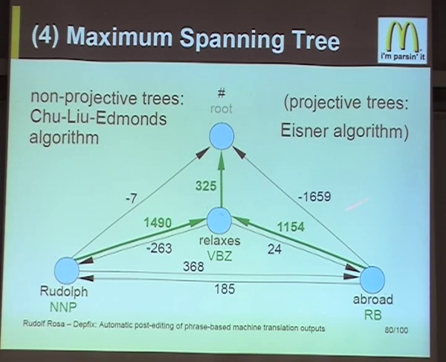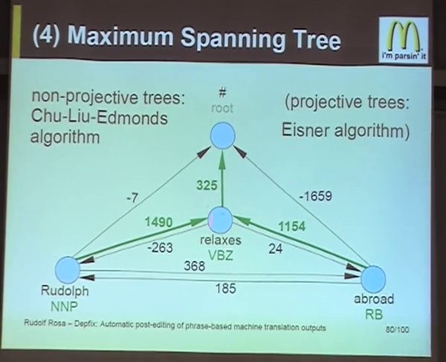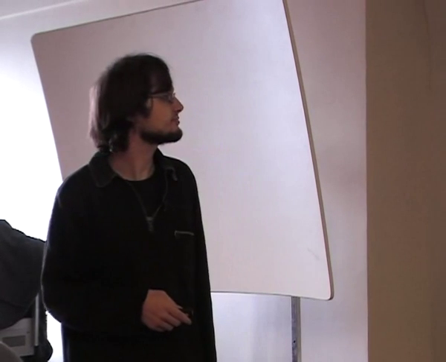If you wanted to do projective trees, there is another algorithm by Jason Eisner. And you use this algorithm and it gives you the maximum spanning tree of the sentence. In this case, it fortunately is actually the correct parse tree. And it's the maximum spanning tree because if you sum up these three scores, it's the largest sum of scores that you can get in this graph if you take a tree.